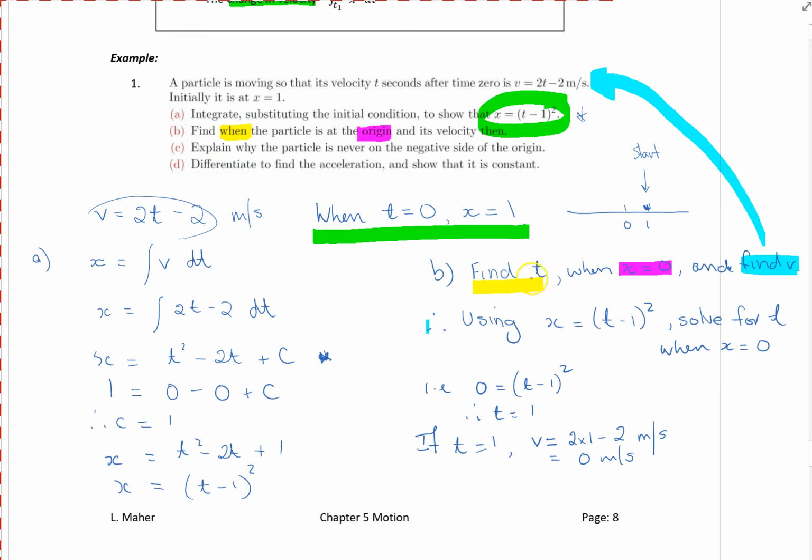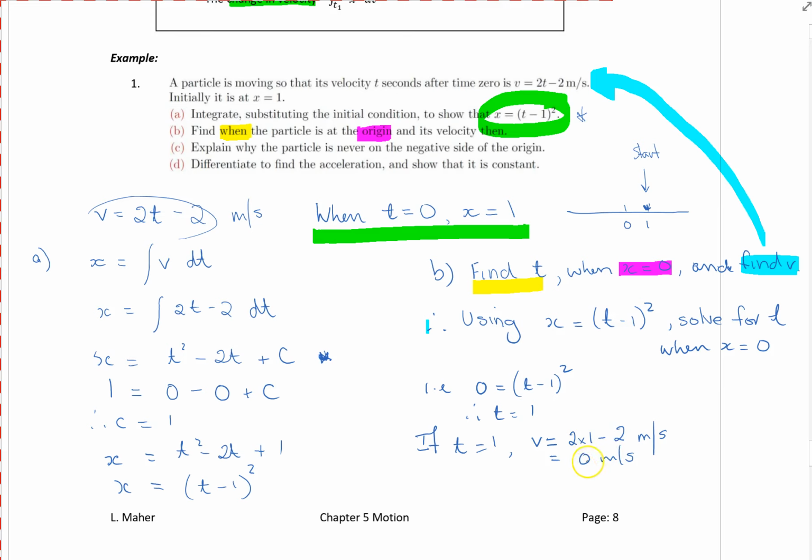I want to solve for t. That's what find t means. And I know that in that x spot I can put a 0. So you can see there that that's what I've done. In order for this to equal 0, there's only one value, t is equal to 1. And completing the requirement for B, which was to find v as well, if t is equal to 1, then using our expression for v that was given, 2 times 1 minus 2 is actually 0.